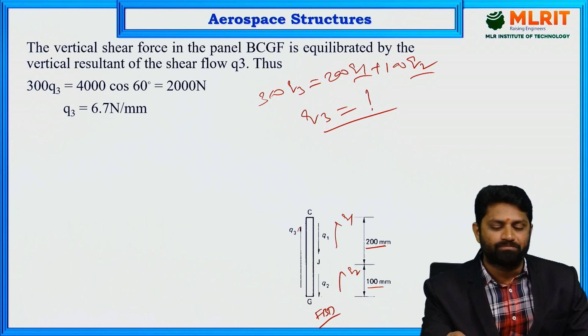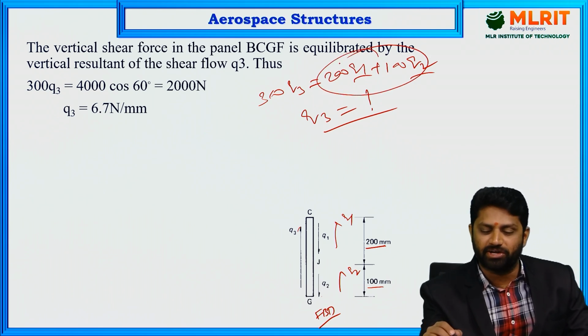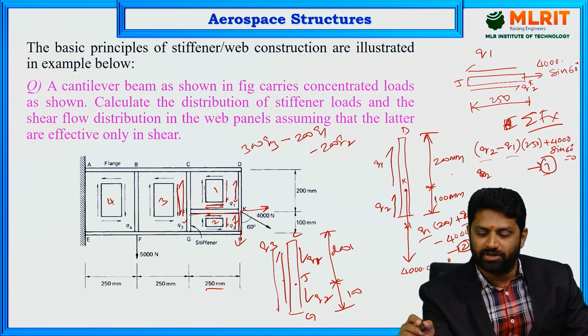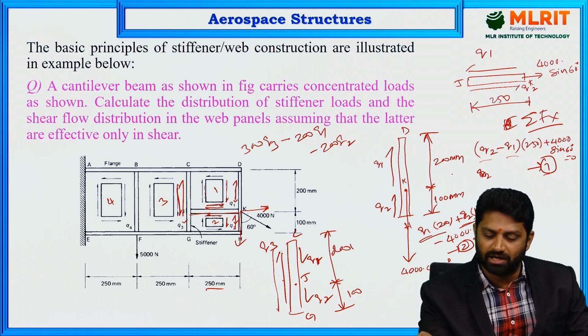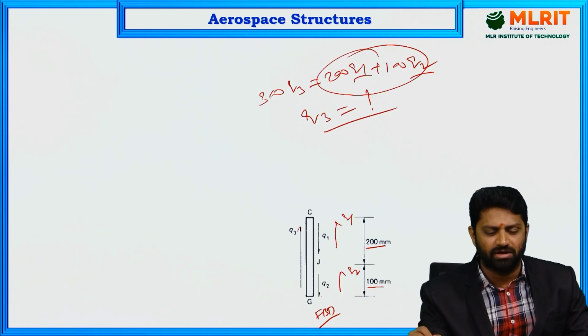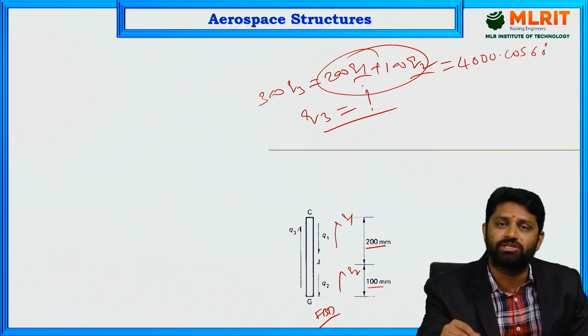Or, from equation 1, 200 Q1 plus 100 Q2 is equal to 4000 cos 60. So either you can use it like that, or you can substitute 4000 cos 60 and calculate straight away without substituting the Q1 and Q2 values.